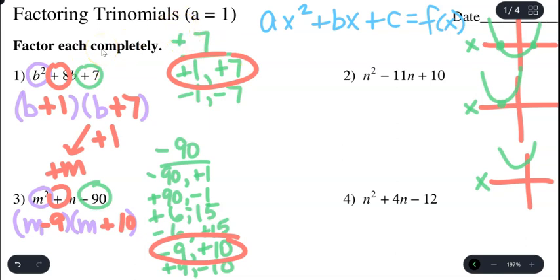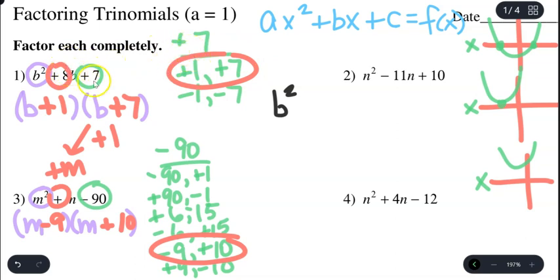If I wanted to rewrite this, I could do b squared, and what am I looking for? I need 8b out of 1b and 7b. Remember, 1 and 7 are the two factors that added up to 8.